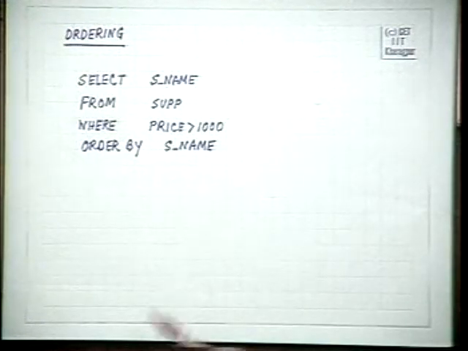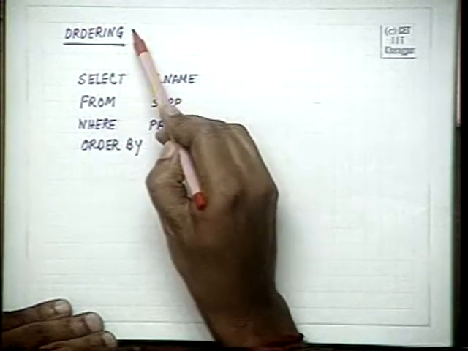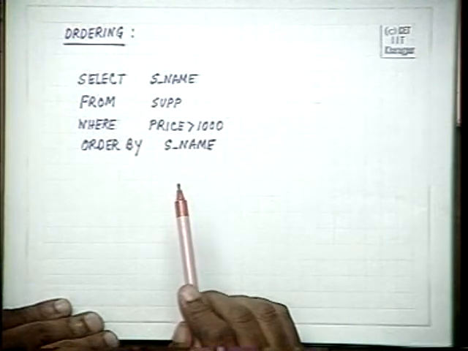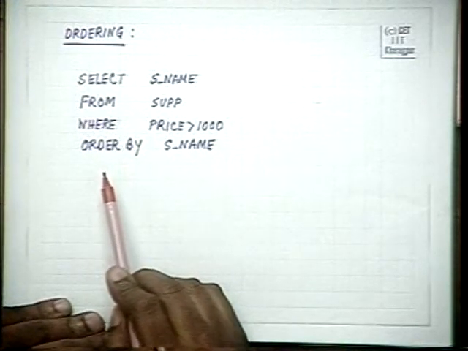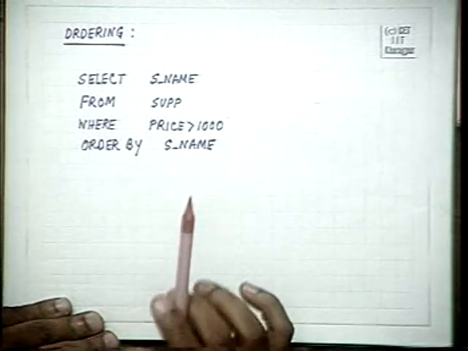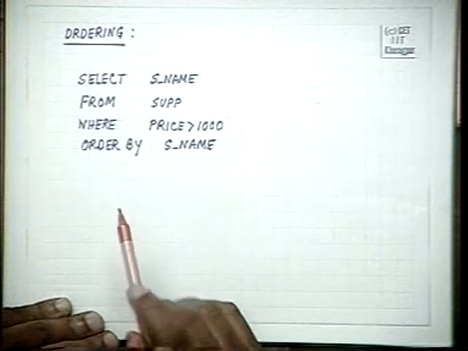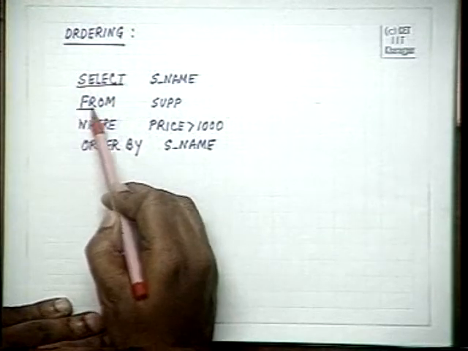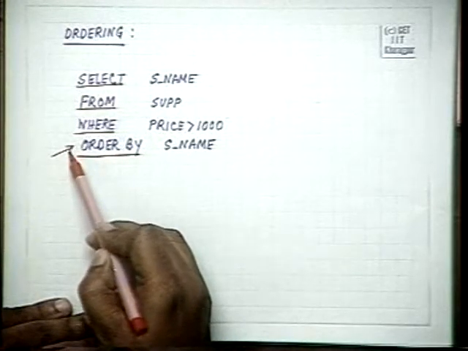The language SQL provides certain functions or certain statements which allow us to group and order the resultant relation in a particular way. Let us see this one, which contains the additional statement order by.